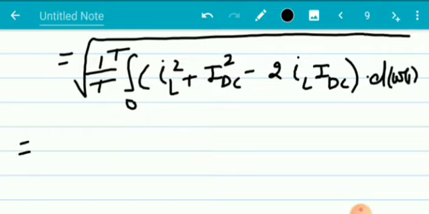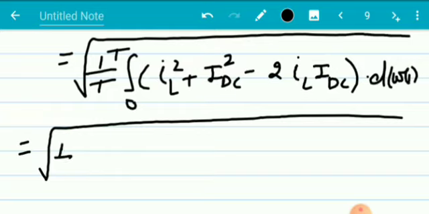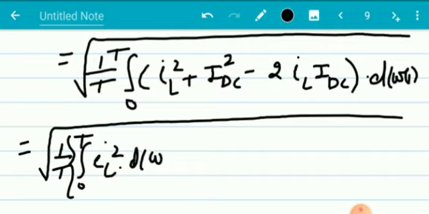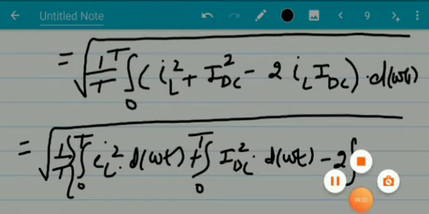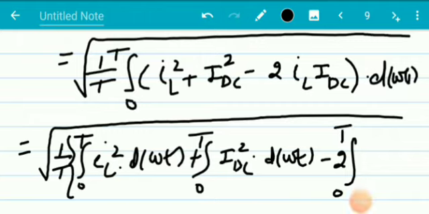If we open this, it will be divided into three integrations: 1 by T, 0 to T, IL square d omega t, plus integration 0 to T IDC square d omega t, minus 2 integration 0 to T IL IDC d omega t.